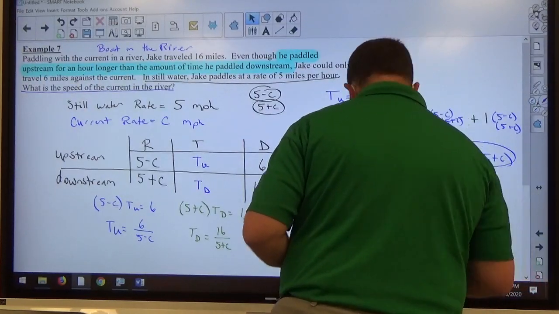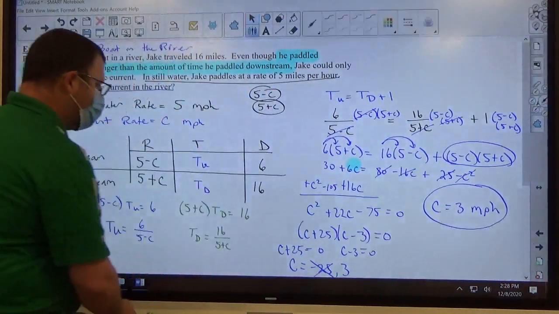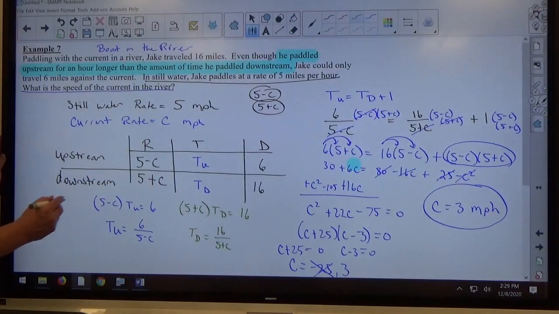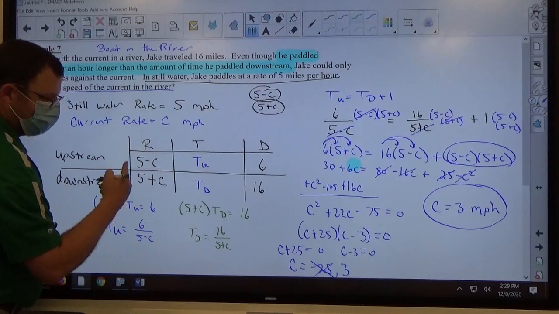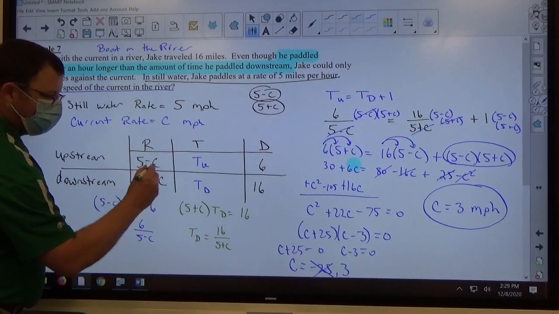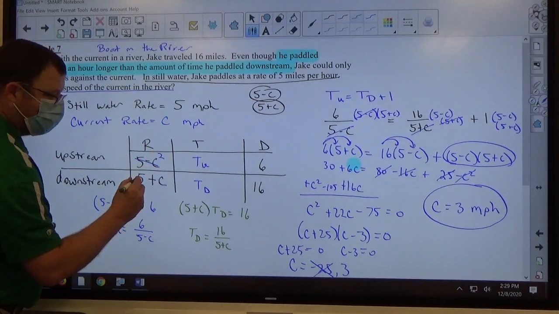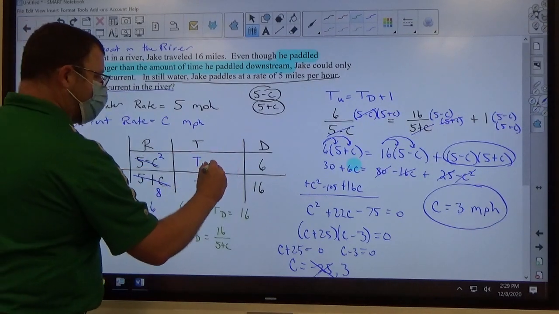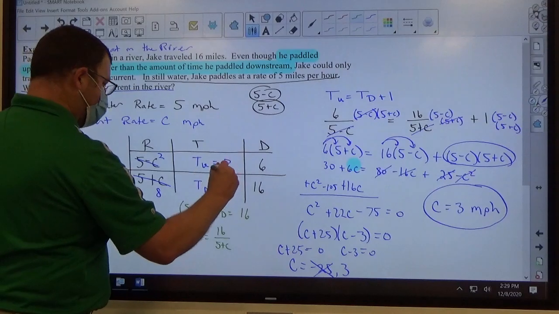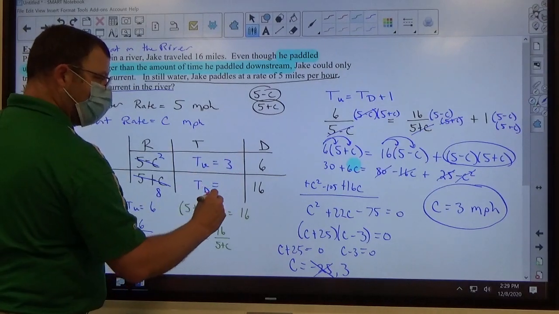Now these are checkable. You can make sure all the stuff that's supposed to happen happens. Watch this. If c is equal to 3, what's 5 minus c? 5 minus 3 is 2, right? What's 5 plus 3? 8. 2 times what makes 6? 3. And 8 times what makes 16? 2.